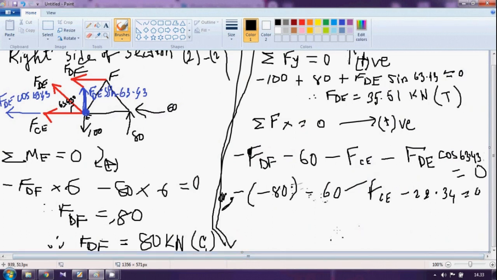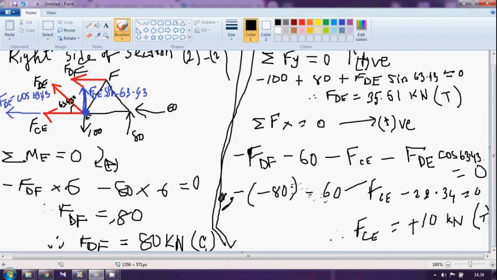If you calculate, you will see F_CE equals to minus 10, sorry, plus 10. So F_CE equals to 10 kilonewton, and it will be in tension.